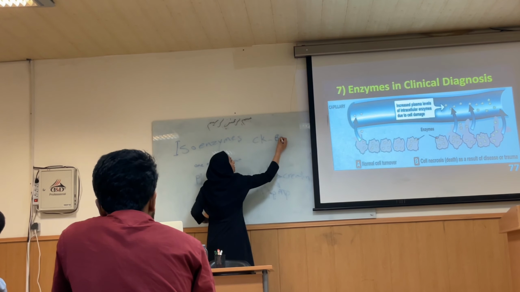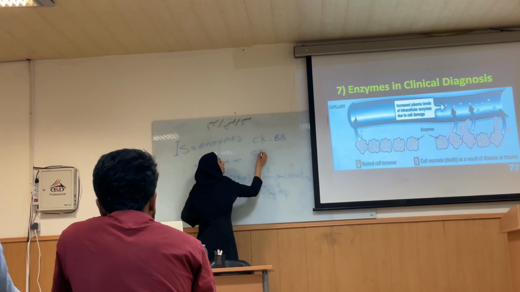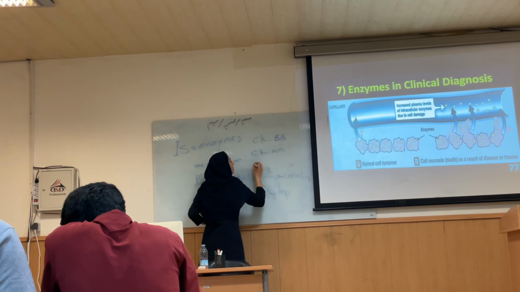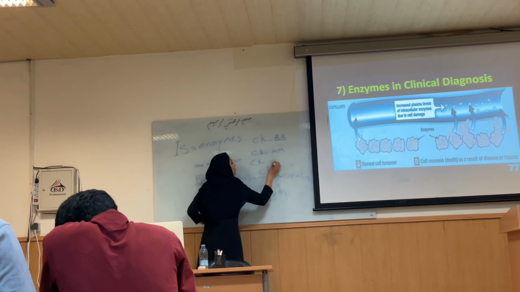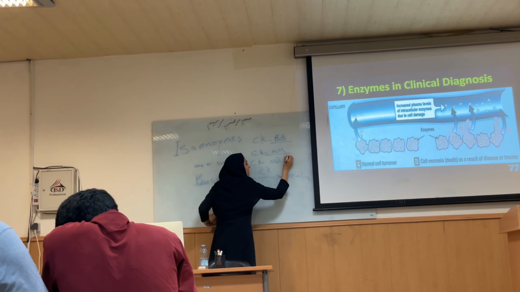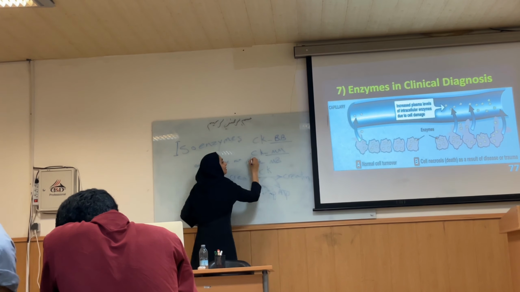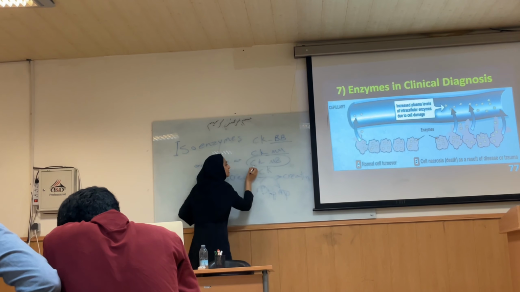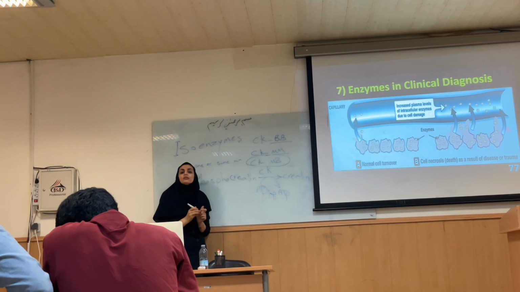We have CKBB, CKMM, and CKMB. CKBB is specific for brain, CKMM is specific for muscles, and CKMB is specific for heart muscle.